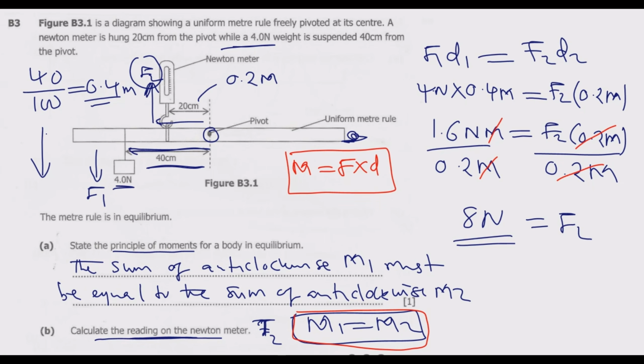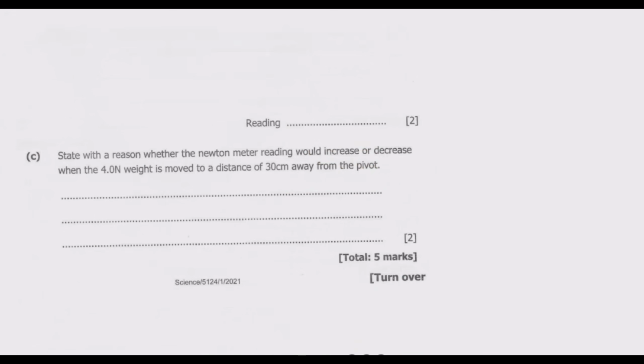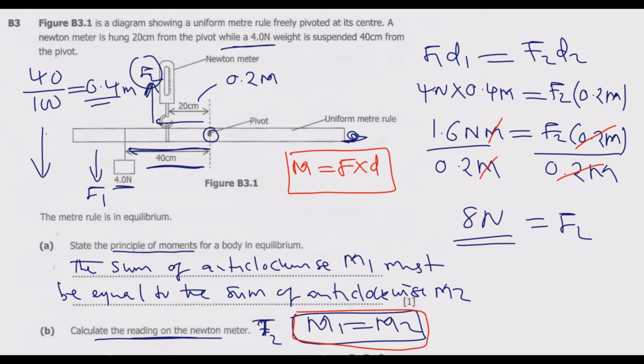Let us look at question C. We've just calculated this to be 8 Newton. C. State with a reason whether the Newton meter reading would increase or decrease when the 4 Newton weight is moved to a distance of 30 centimeters away from the pivot. So now we are moving this to 0.3 meters, which is 30 centimeters.